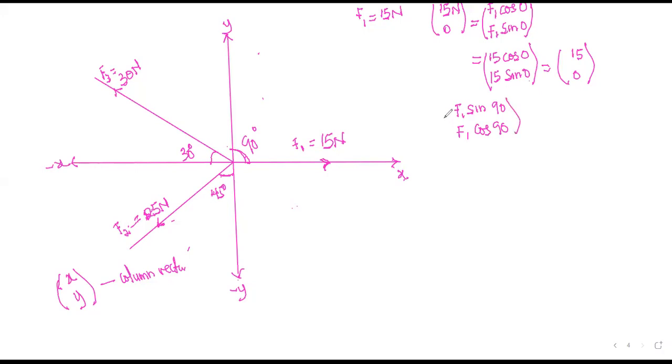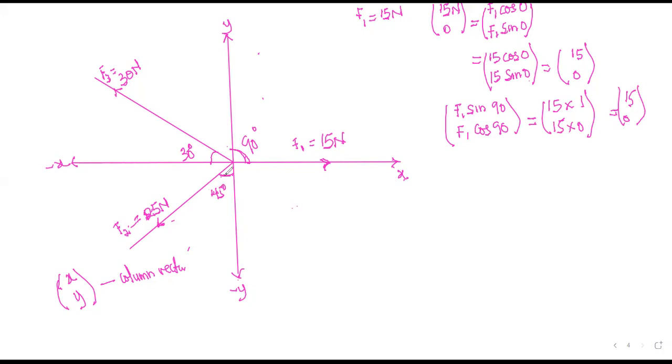I taught you this, that's why I'm not going over it in detail. So F1 is 15, sine 90 is equal to 1, cos 90 is equal to 0. So 15 times 0. So we have the same thing, 15, 0. So these are the components of F1.